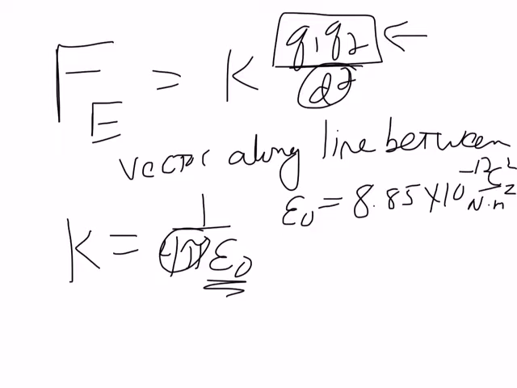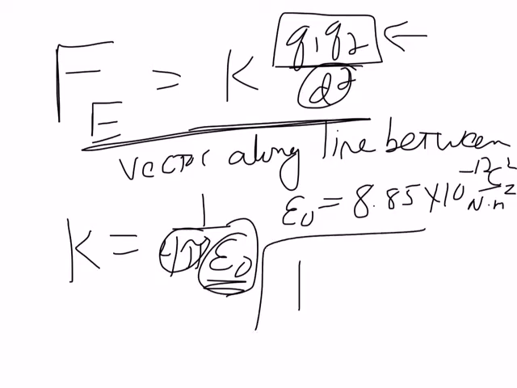It is actually the one that pops up in the equations more naturally. We'll start seeing it in about 2 weeks, I think. And then it'll be the one we're using all the time. For practical purposes, for calculating force, it's easier to use K. But once we start talking about other equations, epsilon naught is going to pop up a lot more often.